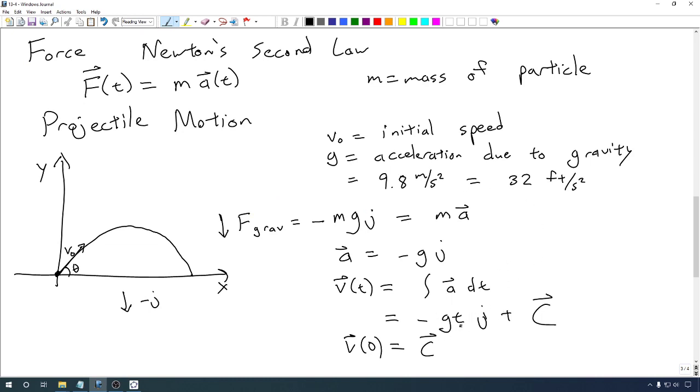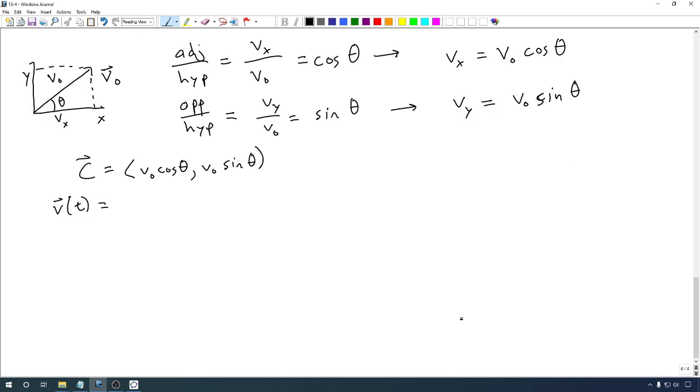Basically, we're subtracting gt from the y component. So V naught cosine theta, then V naught sine theta, and then subtract the gt. That's our velocity vector anyways.